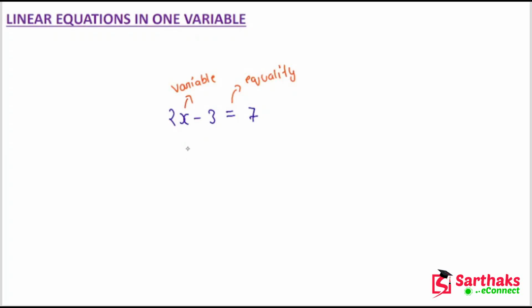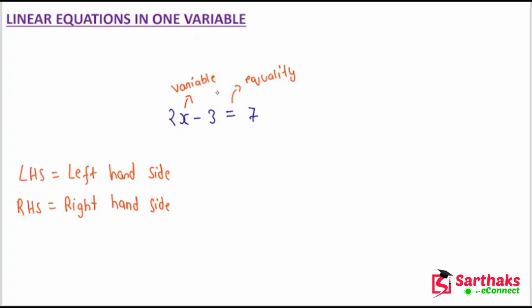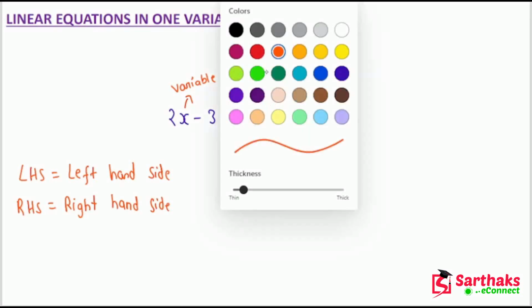Then there are two more things, which are LHS and RHS. Now what is LHS? LHS equals left hand side. What do we mean by the word RHS? It is right hand side. In this expression we have both LHS and RHS.